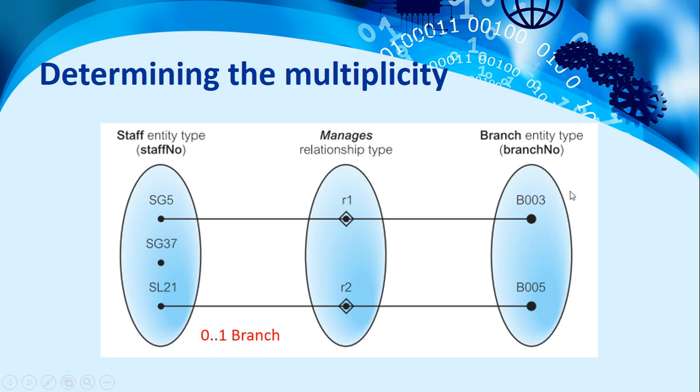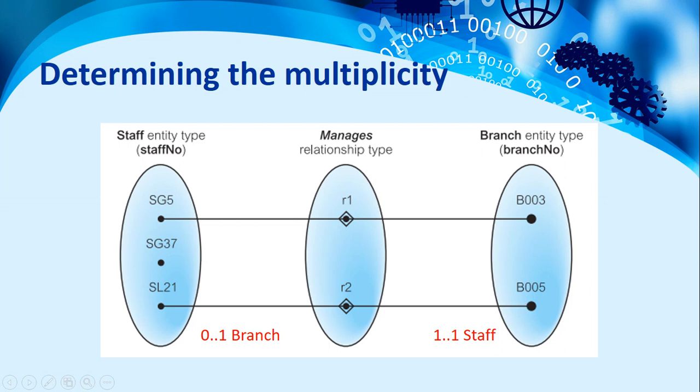And how about naman sa branch? Each branch is managed by 1 member of staff, or 1 staff. So bakit that 1? Kasi at least 1 staff, and of course the maximum is 1 staff. So therefore isang staff lang talaga yung nagma-manage sa isang branch. Okay.